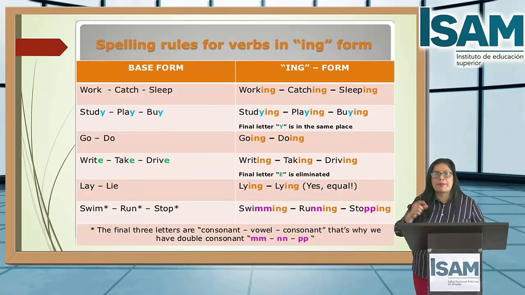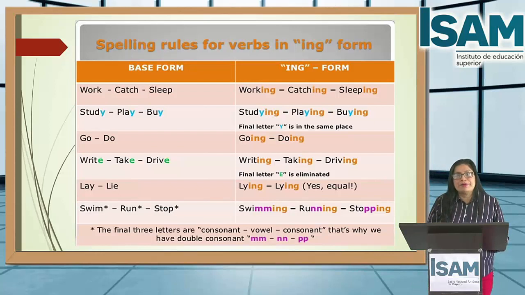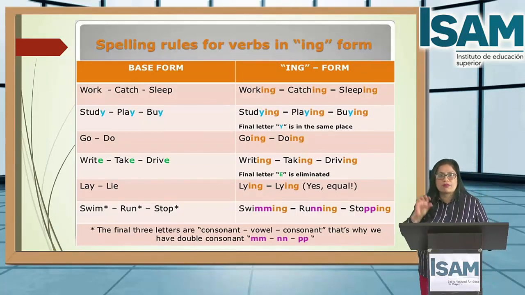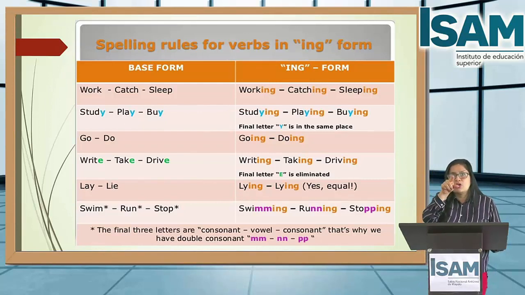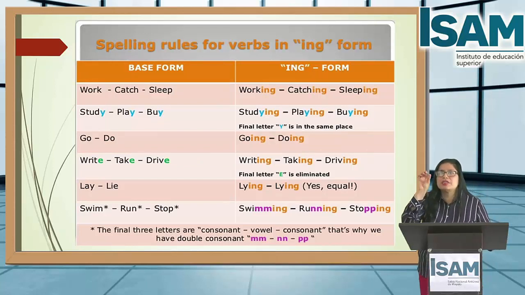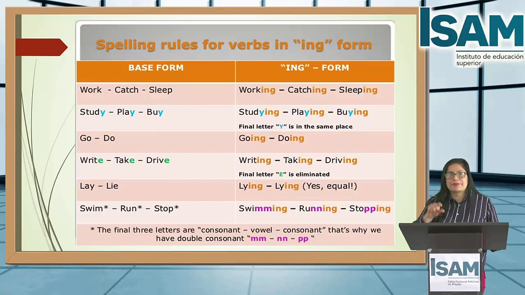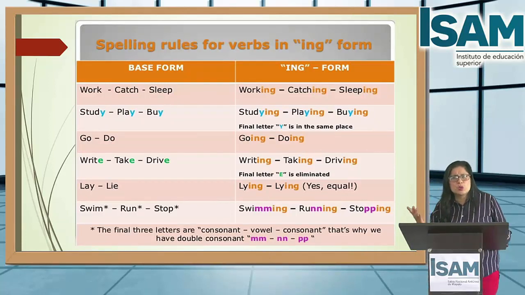Then you have lay, lie. Okay? Observe, lay, lie. Lie and lay are equal, and that is the only difference here, especially in the present continuous with a gerund. Lie, like mentiroso, lay, echado, ¿ok?